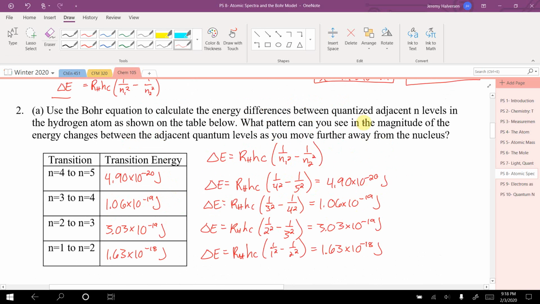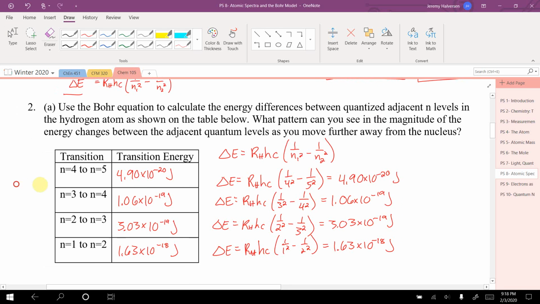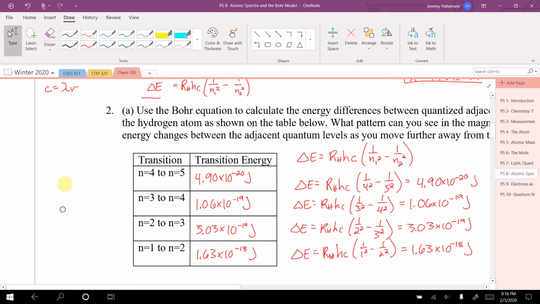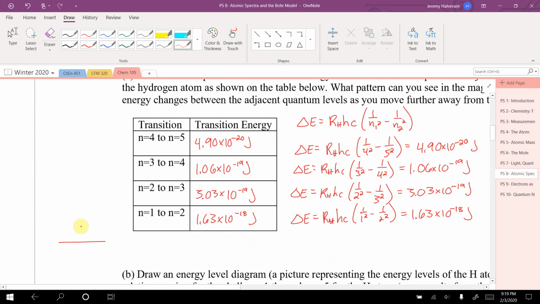What pattern can you see in the magnitudes of energy changes between the adjacent quantum levels? So it's saying, I go from 1 to 2, and it requires this much energy to do that, 1.63 times 10 to the negative 18. But then to go from 2 to 3, it requires substantially less, almost a whole order of magnitude less energy.